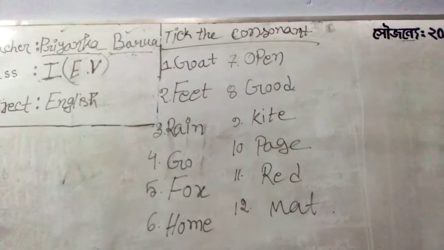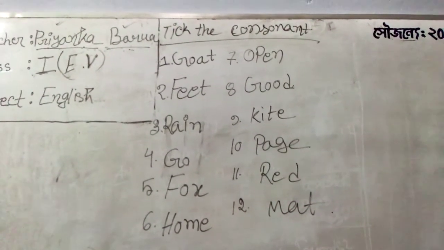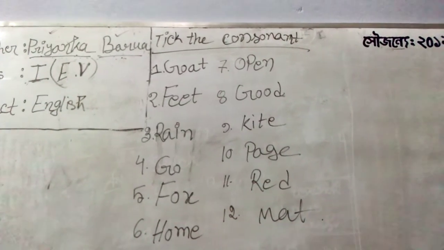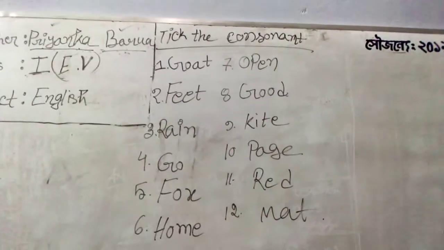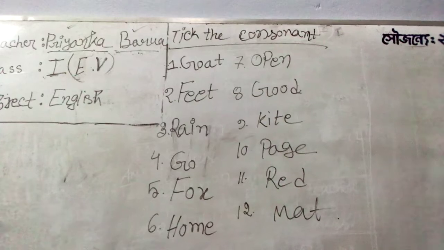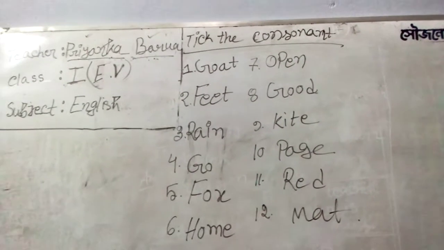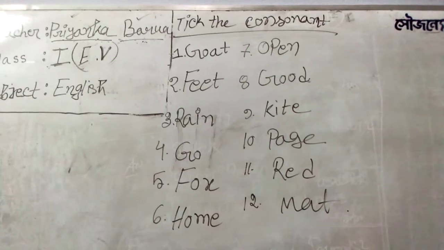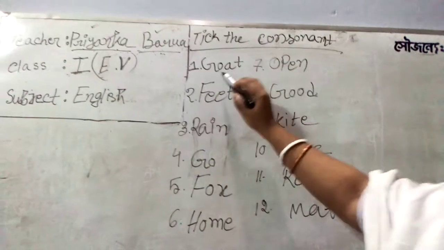Here, the lesson is: tick the consonant. That means put a tick mark on the consonant. The very first word is G-O-A-T. It is goat, an animal, a four-footed animal. So here, what's the consonant? A, E, I, O, U are the vowels. Except these, I can consider every letter a consonant. A and O are vowels.